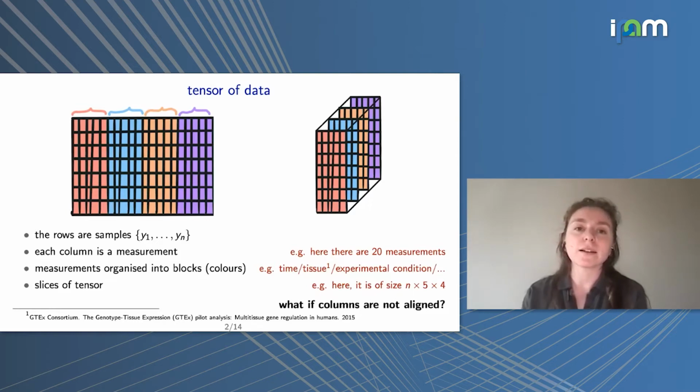But how does this extend to the setting where the columns of the tensor are not aligned in this nice way, where we have blocks all of equal sizes, or the sizes all line up?